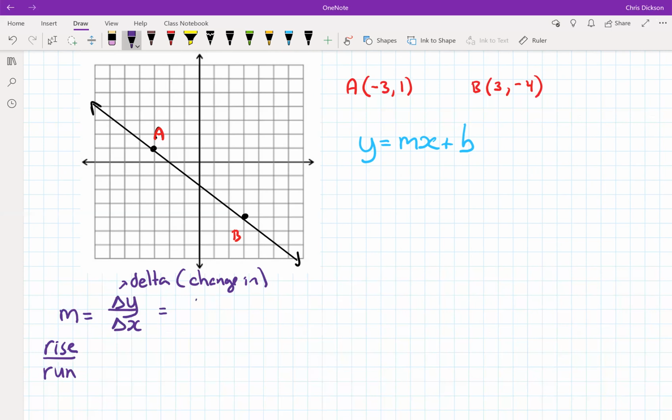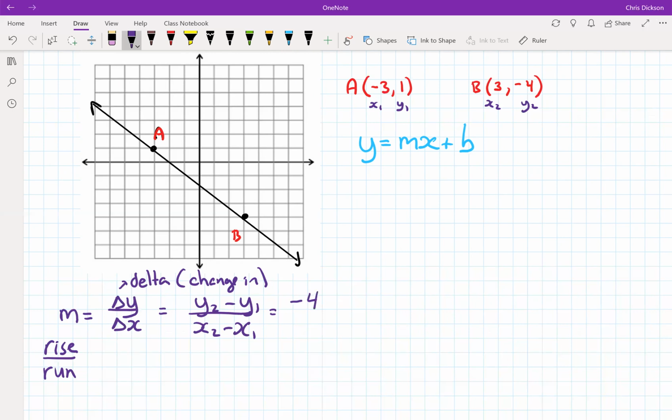So we're looking at the change in y, which is y2 minus y1, all over x2 minus x1. And if we work out that value, I'm going to make this x1, y1, x2, y2. So let's try that. -4.